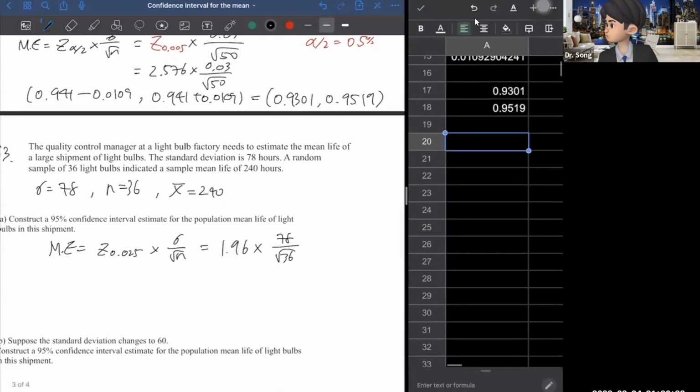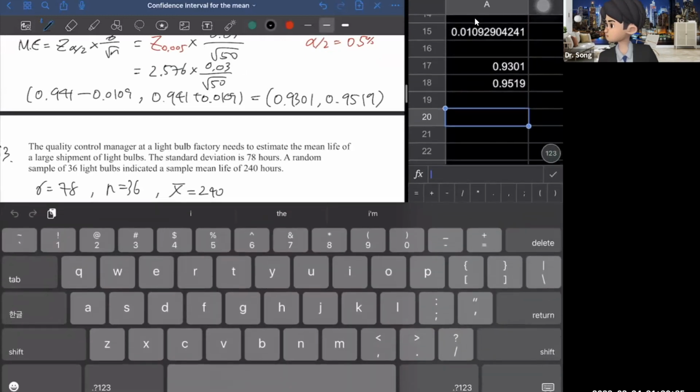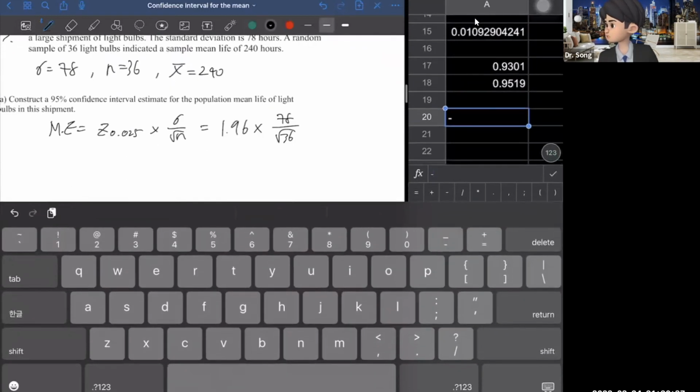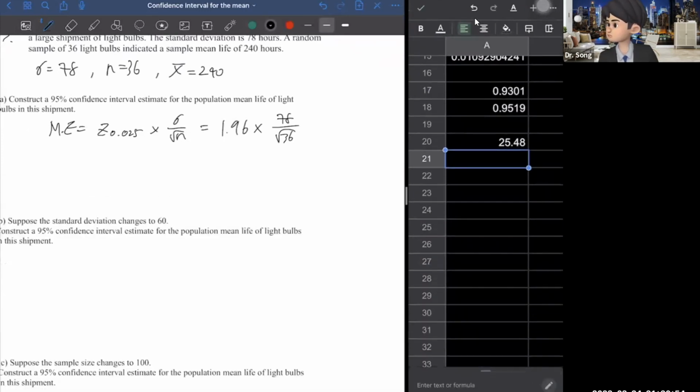So let me calculate it. Again, you can use Excel to find this value. Put the equality, 1.96 times 78 over square root 36, which is just 6. So the margin value is 25.48.